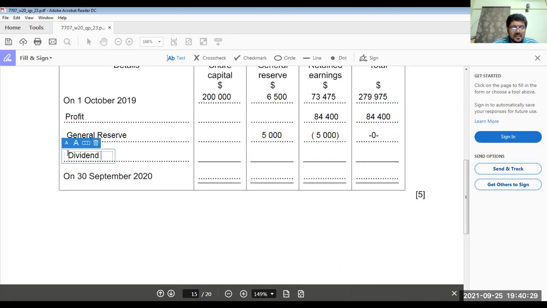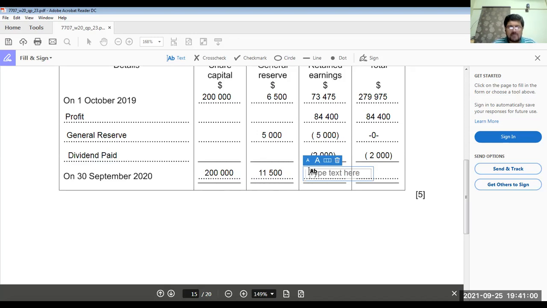That is going to be reduced from your retained earnings, and obviously it's going to be reduced from the total as well. See, share capital is the same, 200,000. Reserves will become 11,500 and retained earnings would become how much?